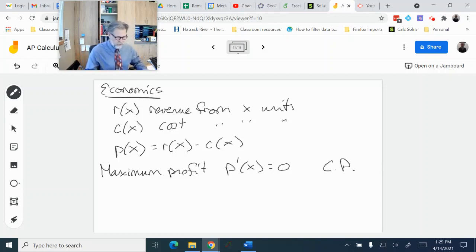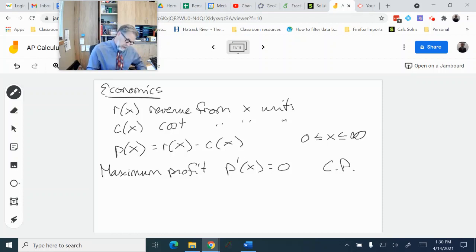Could have endpoints, but since our endpoints in a situation like this, 0 less or equal to X less or equal to some infinite number, obviously you're not going to have max profit at 0 unless you have a really, really bad business model, and then of course you can't. There's no maximum number of units you can make. So we will double check to make sure that it's a maximum, not a minimum, but we're going to assume that that maximum will have to occur if it occurs at a critical point.